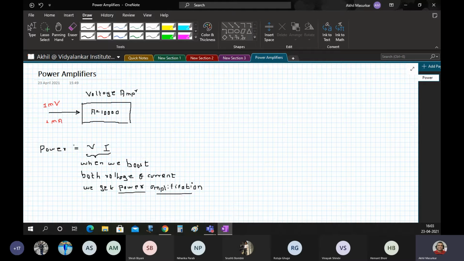What we have been doing till now is focusing on voltage. We have not been focusing much on the current content of the signal. So a voltage amplifier will do something like this. The gain 10,000 gets multiplied by 1 millivolt, and 1 millivolt into 10,000 will be 10 volts. So it amplifies the voltage, but it keeps the current the same.